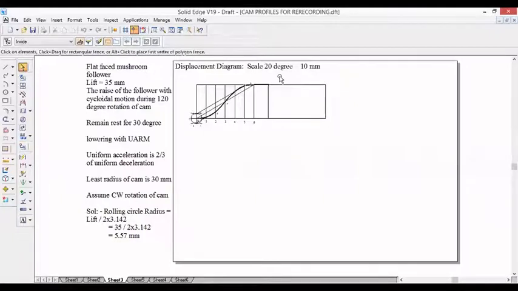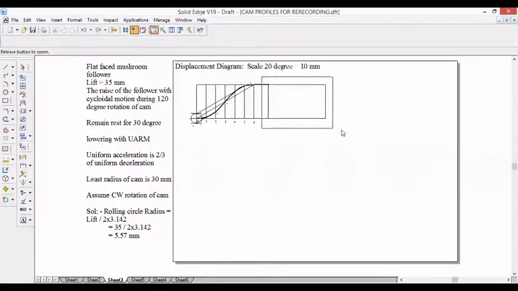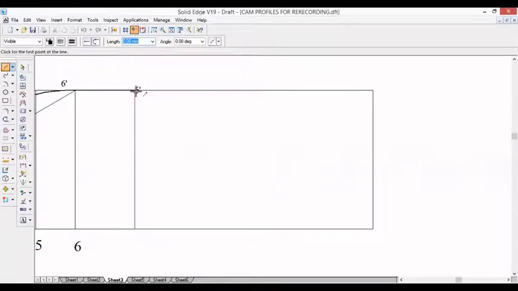Operate calculator. So 72 degree divided by 20 we get 3.6 centimeters. That means 36 millimeters. Let us draw a line at a distance of 36 millimeters. So 36 mm 0 degree, and draw a vertical line.